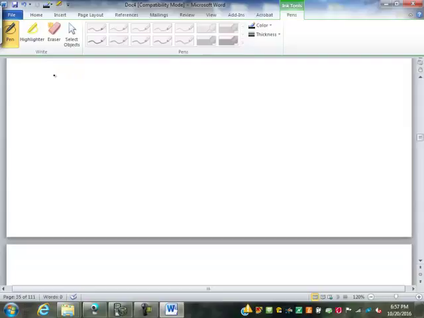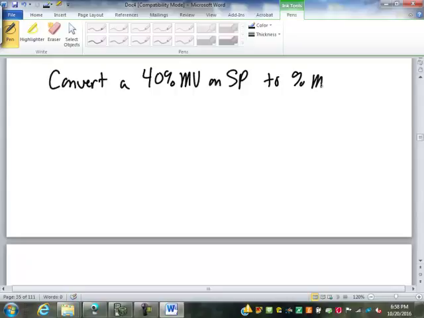Let's say that we're going to convert a 40% markup on selling price to a percent markup on cost.